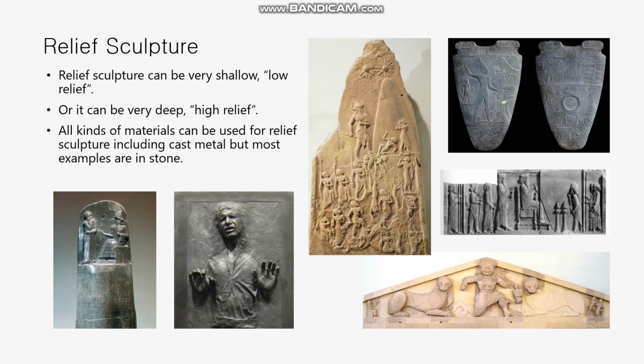Sculptures can be really, really flat, and when they're very flat, we call them low relief. Probably the most classic example of very fine detail but very low relief is the Palette of Narmer. And no part of that carving is raised much more than a quarter of an inch.